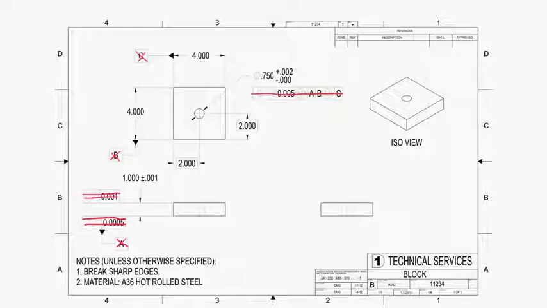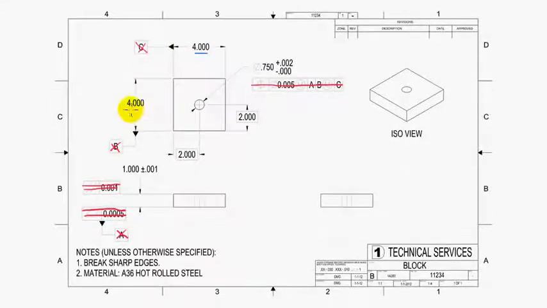We've got our 4-inch block, right? And it's 4 inches by 4 inches. And we've got our 3/4 of an inch hole with the 2/1000 tolerance that we talked about in the tolerancing video.